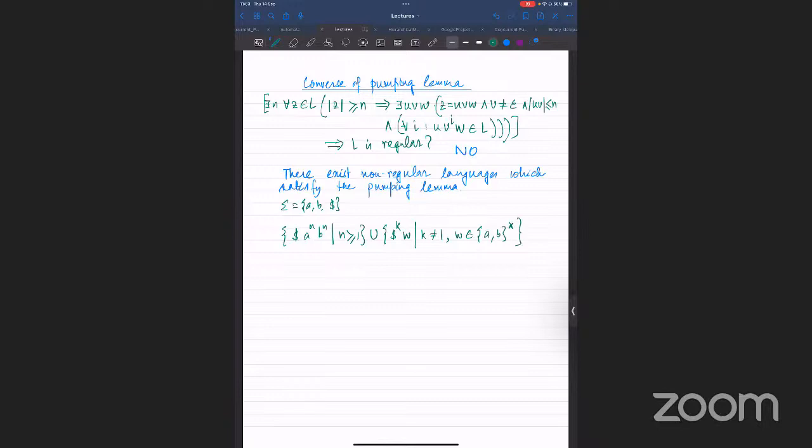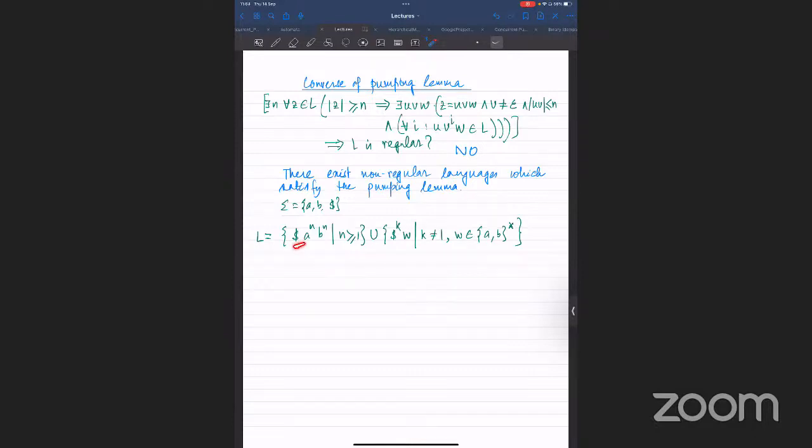So let's look at this a bit carefully. Suppose I call this language L. It starts with a single dollar in this part, so it is a union of two sub-languages.